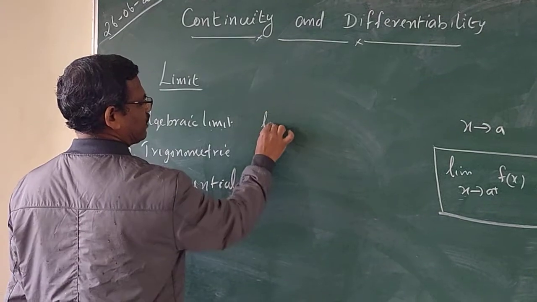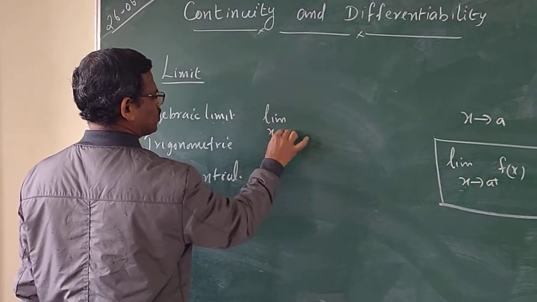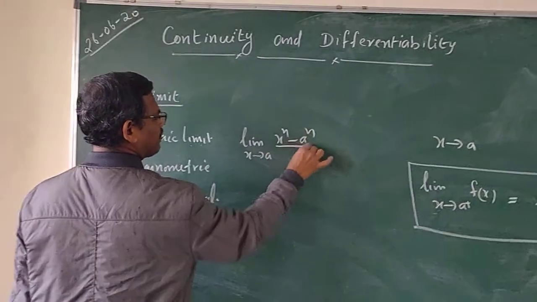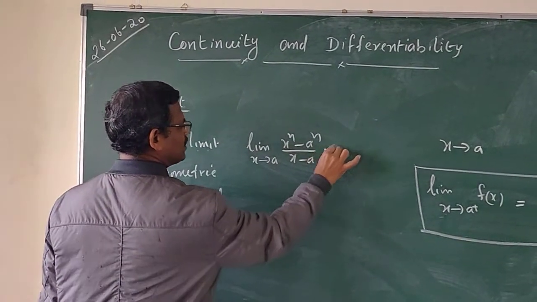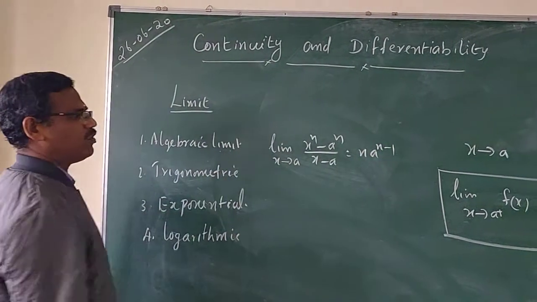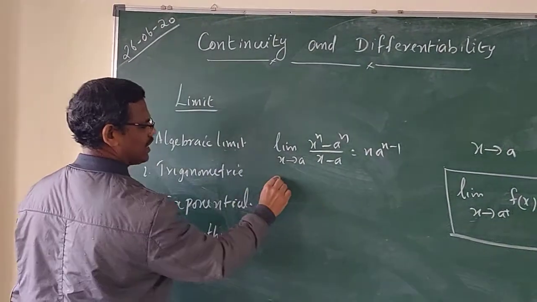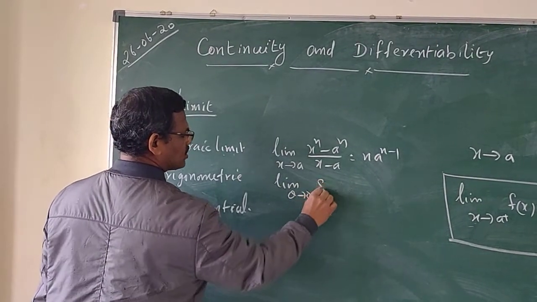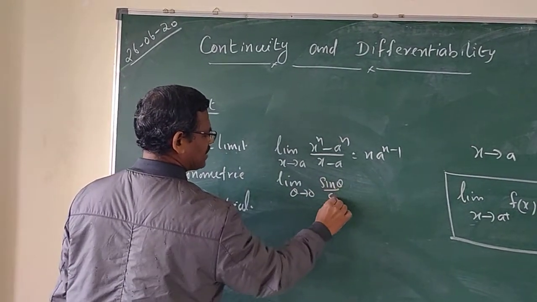Let me say what each is. Limit x tends to a, x raised to n minus a raised to n divided by x minus a. This limit value is n into a raised to n minus 1. The proof of that formula also we have studied in class 11. Now limit theta tending to 0, sin theta by theta is equal to 1.